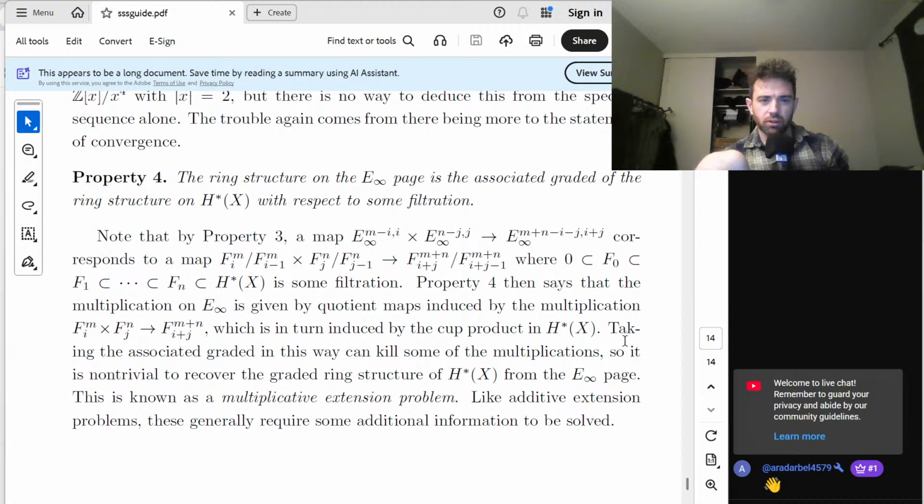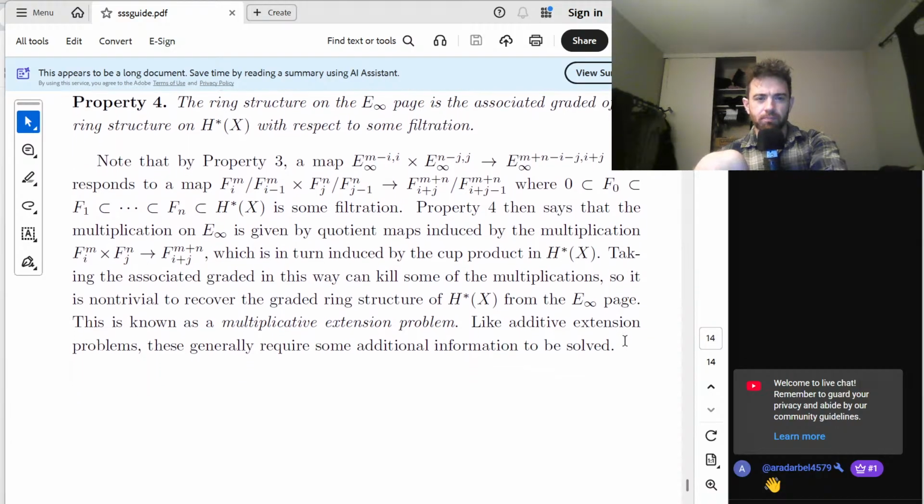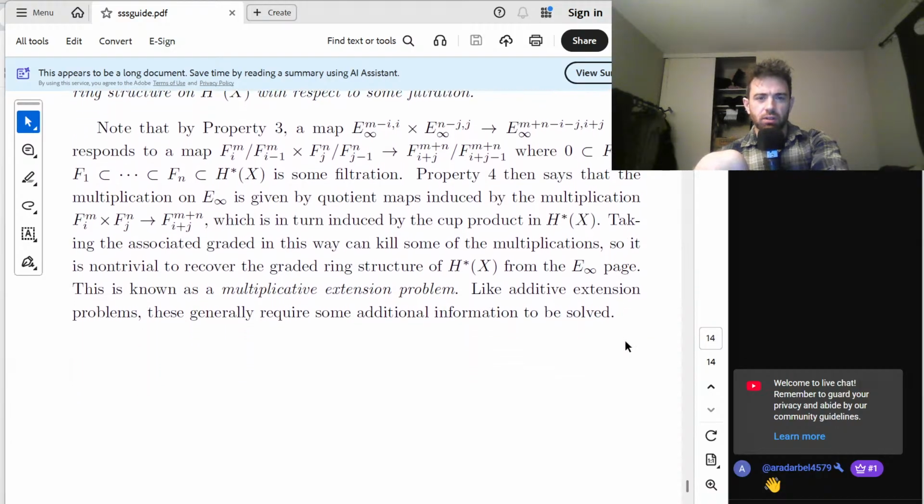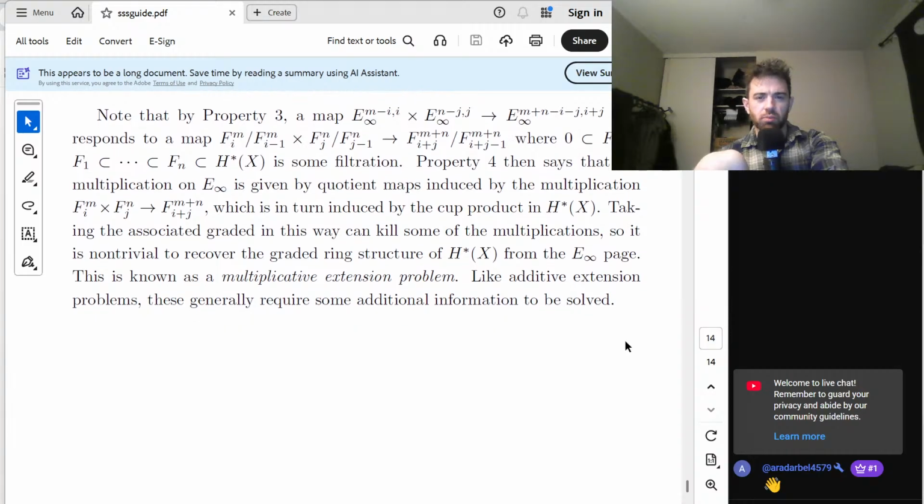Property 4 then says that the multiplication on the E infinity page is given by quotient maps induced by the multiplication there, which is in turn induced by the cup product. Taking the associated graded in this way can kill some of the multiplications, so it is non-trivial to recover the graded ring structure. This is a multiplicative extension problem.